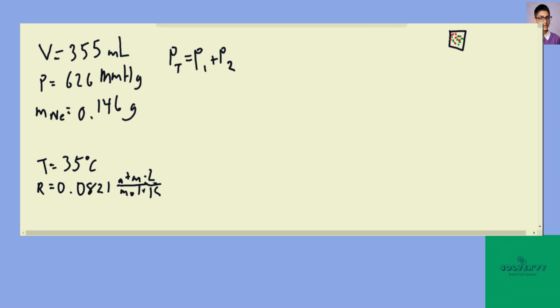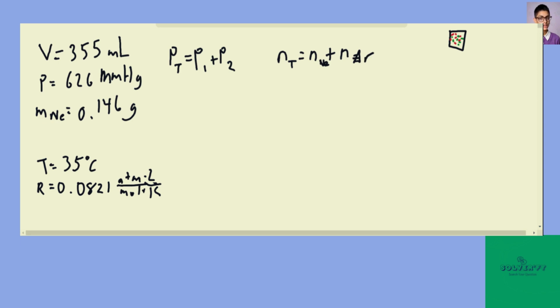But what we can also do is in the system, we can try and calculate the number of moles. The total number of moles is going to equal n1 plus n2, or in this case, neon and argon.